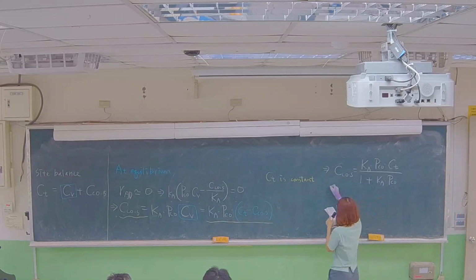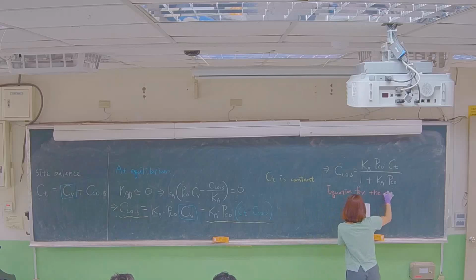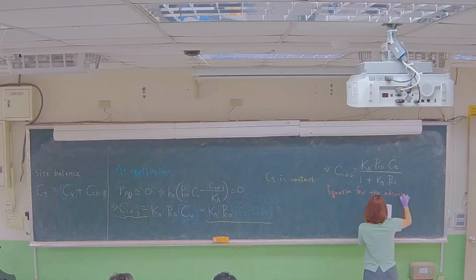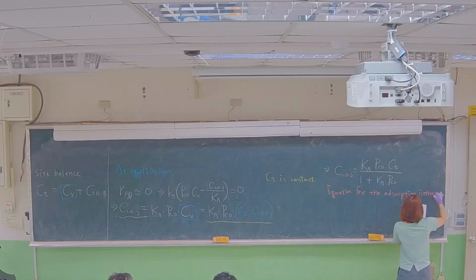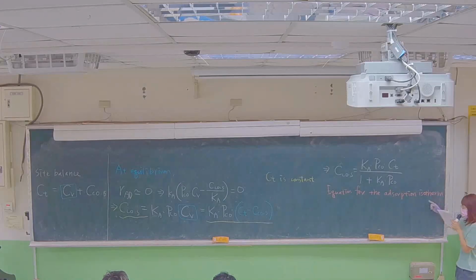That is the equation for the adsorption isotherm, so we can draw a plot later. This form is important.